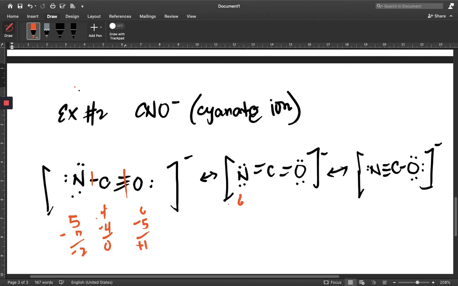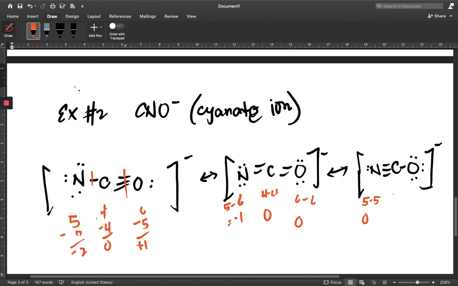So 5 minus 6, this is negative 1, right? So negative 1 for nitrogen, and for carbon, the formal charge is 4 minus 4, so you get 0. And then oxygen has 6 minus 1, 2, 3, 4, 5, 6. You get 0, right? And in this case, in nitrogen, that's 5 minus 5, so you'll have 0.